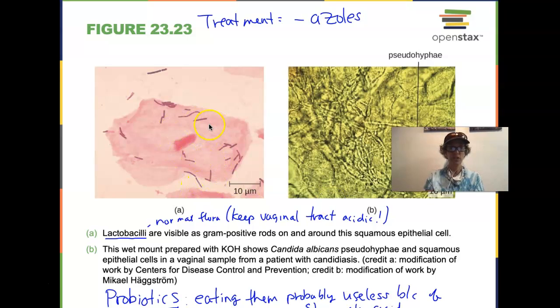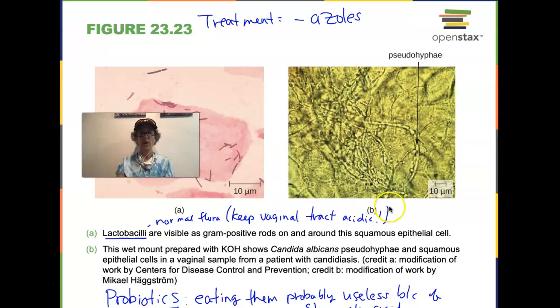So this is a squamous epithelial cell from a vaginal tract. There are the perfectly normal lactobacillus bacteria. Those should be there. They are part of the normal flora. On the other side, we have the Candida albicans with their pseudohyphae, those germ tubes being put out.